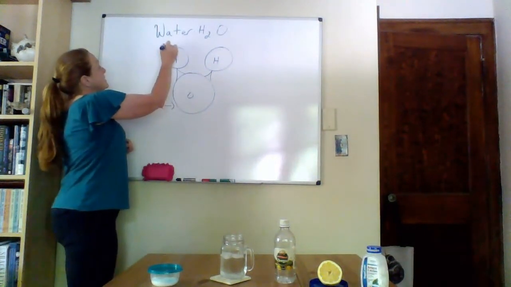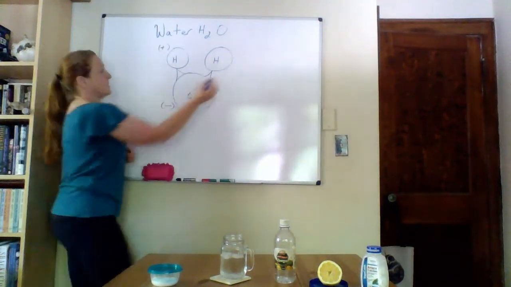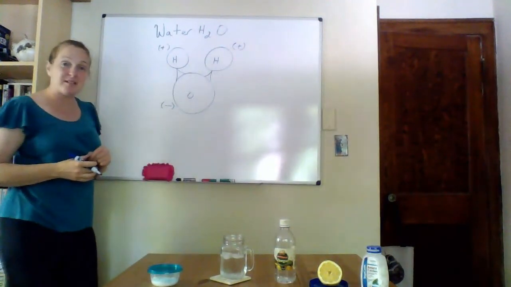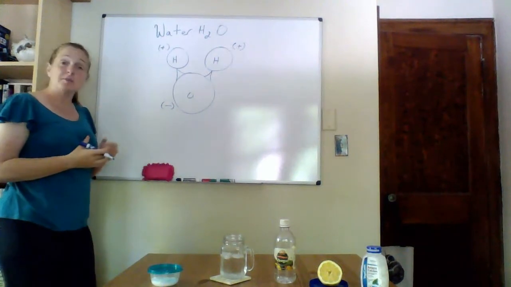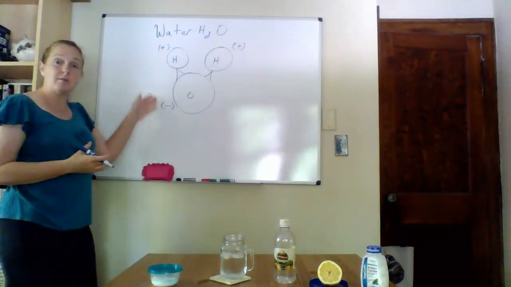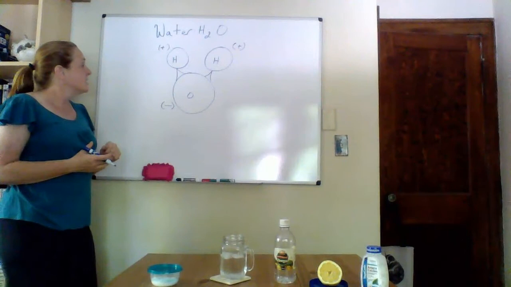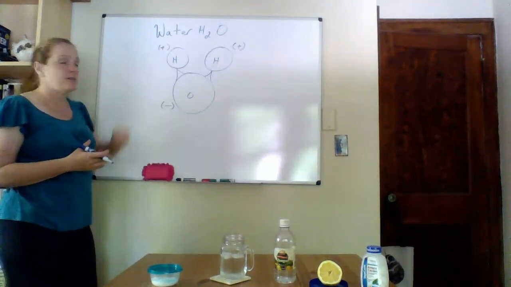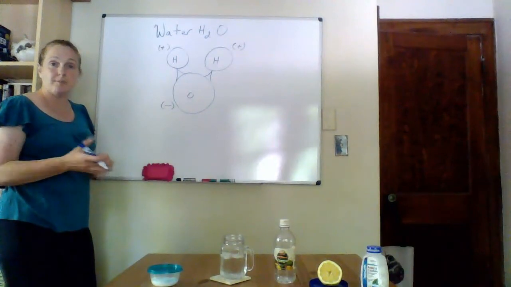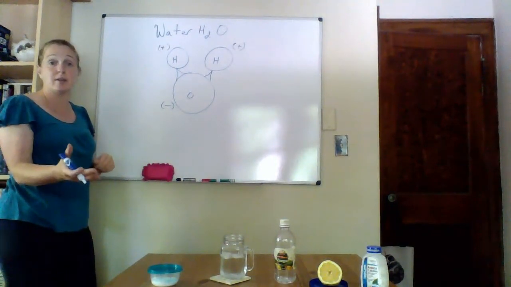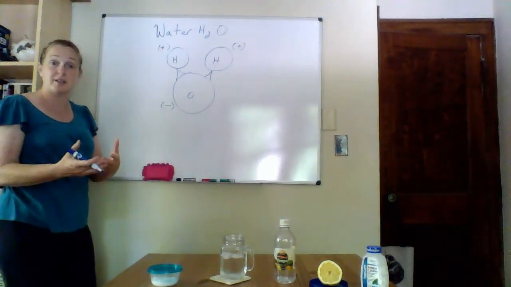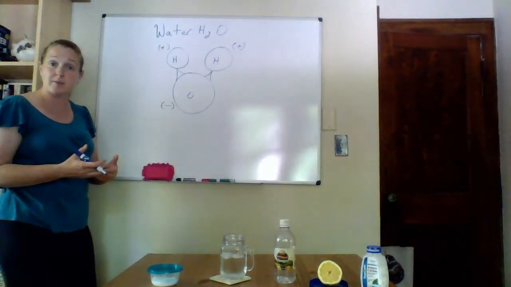Because our electrons are spending more time hanging out down here around the oxygen nucleus, it's going to make our hydrogen side more positive. So our water molecule is going to be polar. We have an unequal charge across the molecule, with the oxygen side being more negative and the hydrogen side being more positive. That term polar is a general generic term that we use in chemistry whenever we want to talk about the idea that our molecule has different charges in different places.